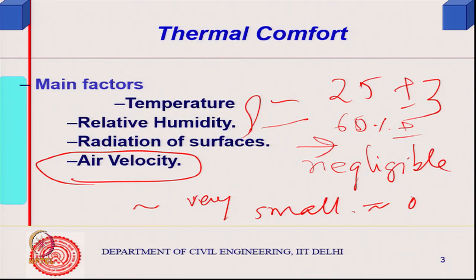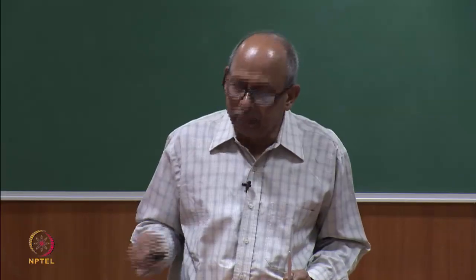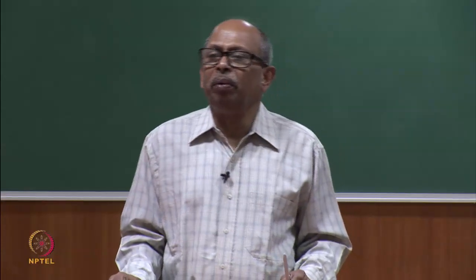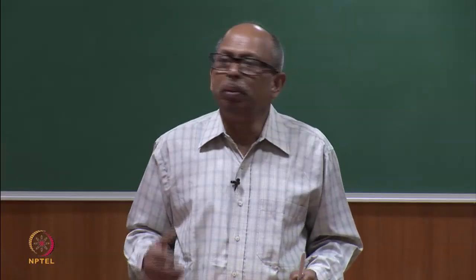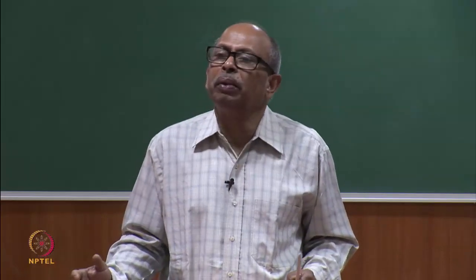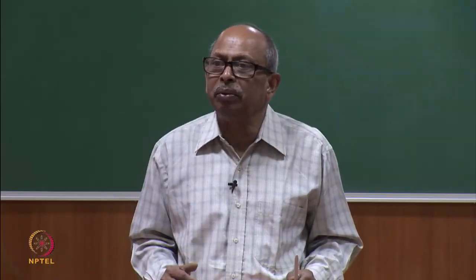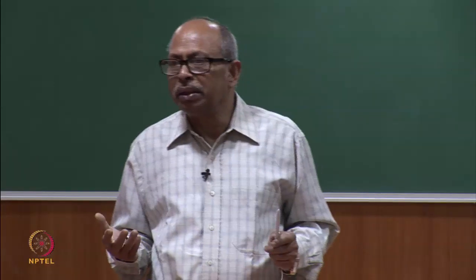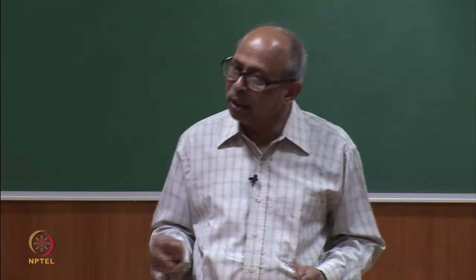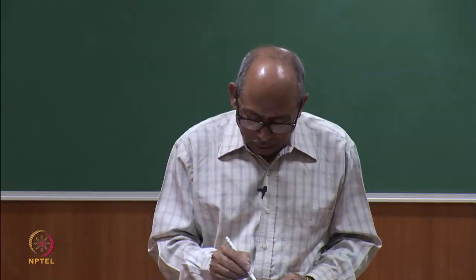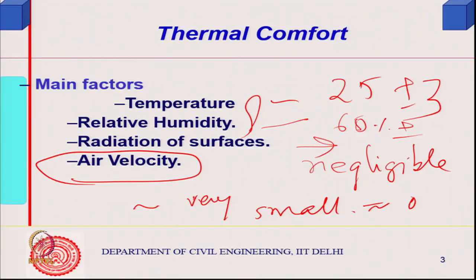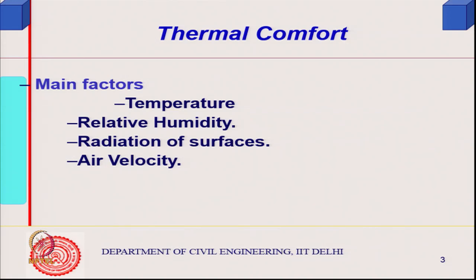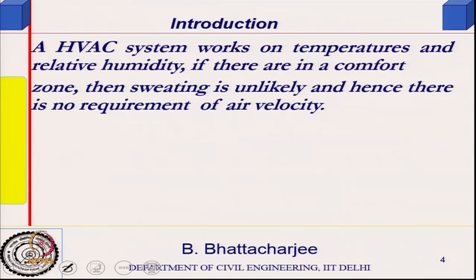Usually the code gives you the values. This is similar to what I said, but it varies from people to people. Some people from cold countries might like to keep it at 20, while in the Indian scenario 25 is good enough, otherwise you start feeling cold. So, this is one aspect related to thermal comfort. So, this is what we maintain.